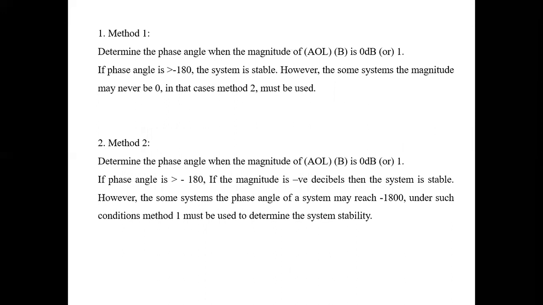There are two methods we use: one is to determine the phase angle when the magnitude of AOL is 0 dB, and the next is to determine the magnitude when the phase angle is minus 180 degrees. These are the two methods used to define the circuit stability.